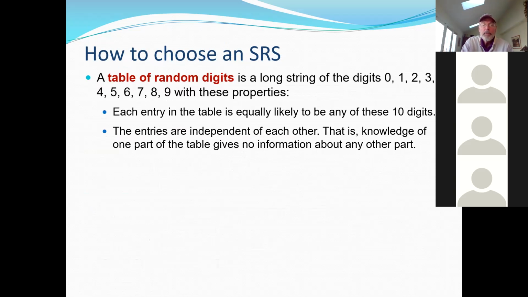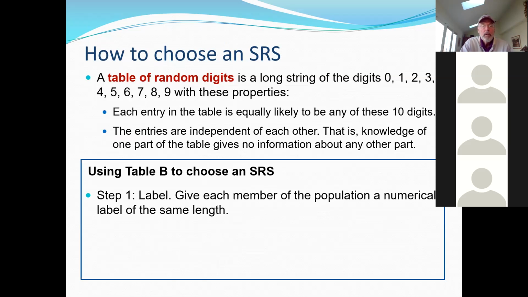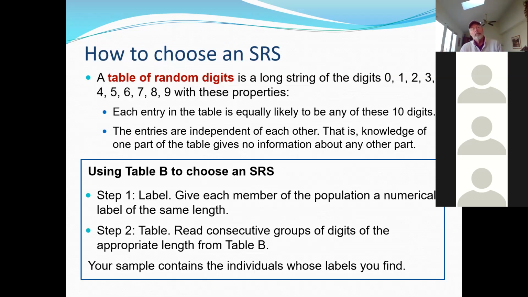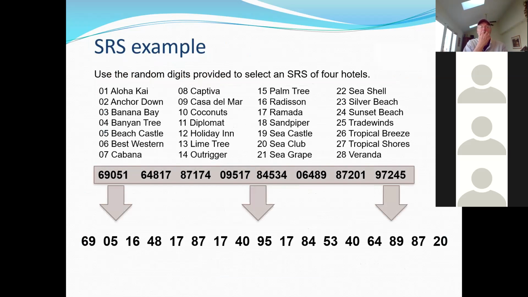The entries are independent from each other; that is, one number is not influencing another number. We start with this process: give each member of the population a numerical label, and be consistent with using the digits in table B.